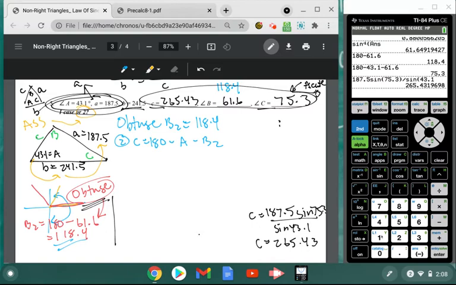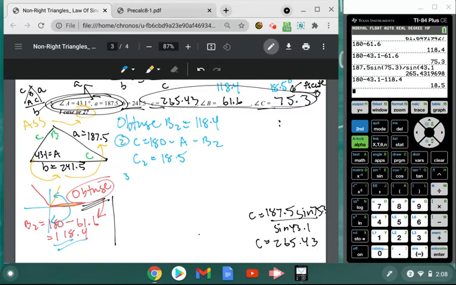So that's going to be 180 minus angle A, 43.1, minus my obtuse B2, 118.4. Okay, good. So my second angle C2 is 18.5 degrees.